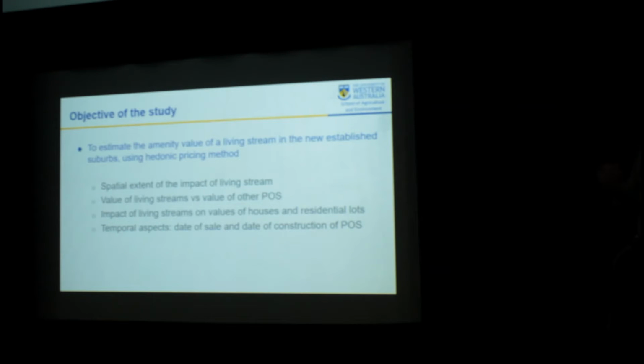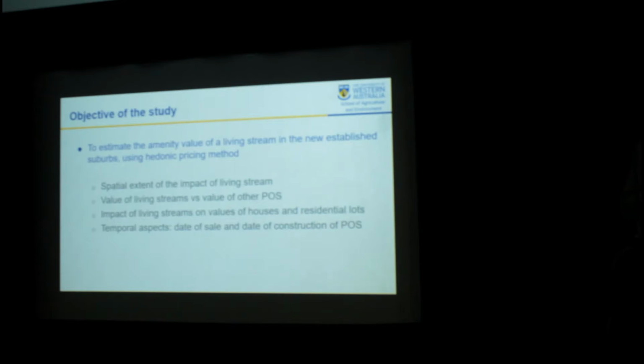Also, coincidentally, in a new suburb a lot of residential lots are sold. So it's interesting: is the value or benefit of the living stream or public open space factored into the value of the residential lots which are sold? Another question is the temporal aspect.